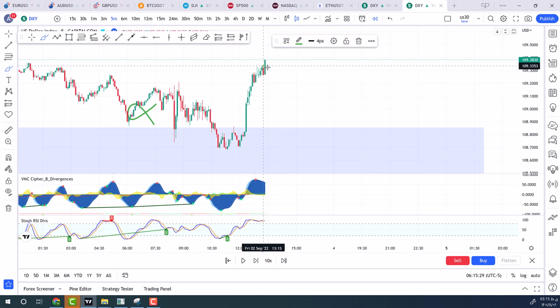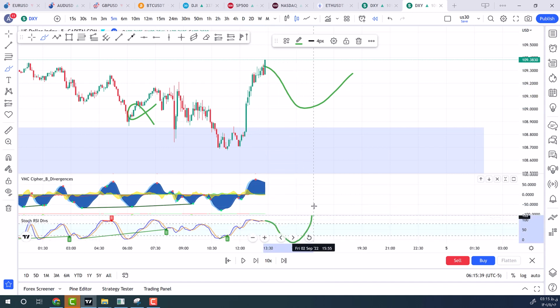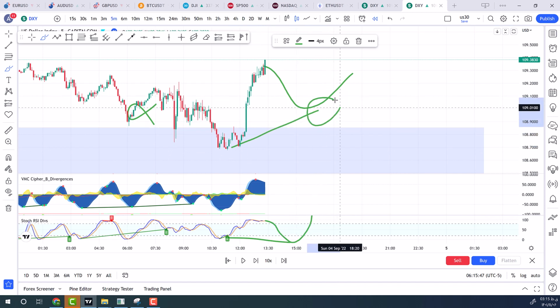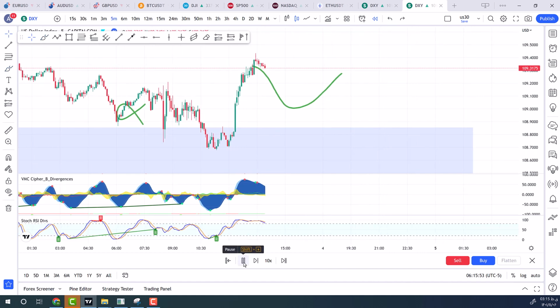I mean, the price comes down, or these indicators, for example, it comes and it makes a new low. It is a kind of divergence. The indicator showing a lower low, but it is going to have a higher low. That is a good continuation setup. Let's see what happens.